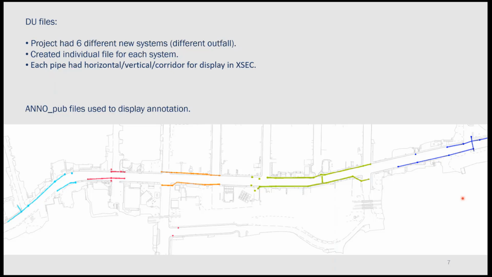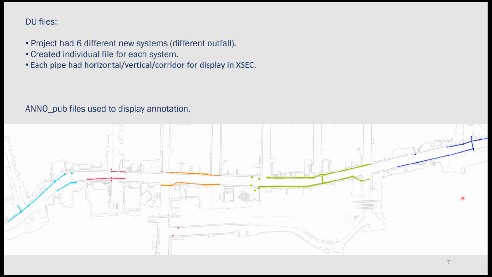I could project those pipes into the profile to get the profiles set up for plans, or I could display them, attach them to the cross-section file, and they display in the cross-sections. As you cut your cross-section, the pipe will come in and out. So it helped me visually verify that my pipes were draining in the right direction, because I had 6 different systems.